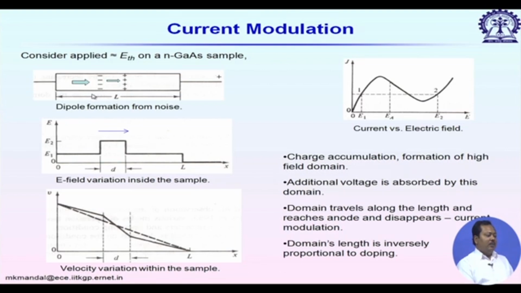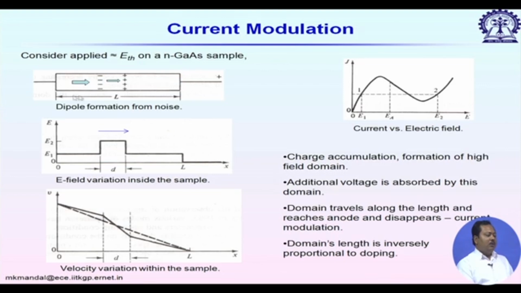Because of the applied electric field it also drifts from left hand side to right hand side. Once it reaches this anode terminal, suddenly we have high current.